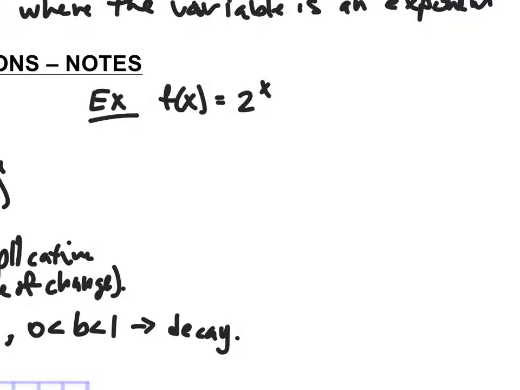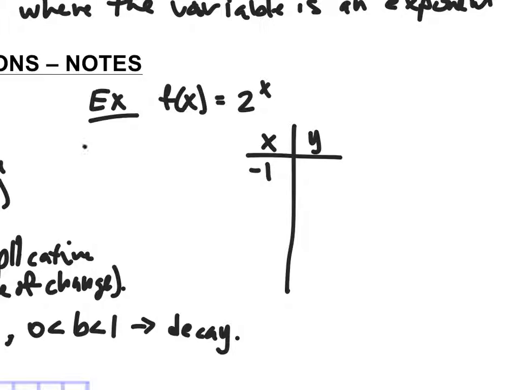What I want to do here is plug some values in for x, so let's make a table, x and y. If x is, say, -1, I choose these values for a reason, but we'll get into that later.